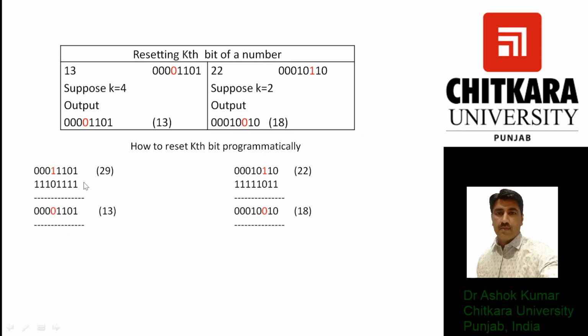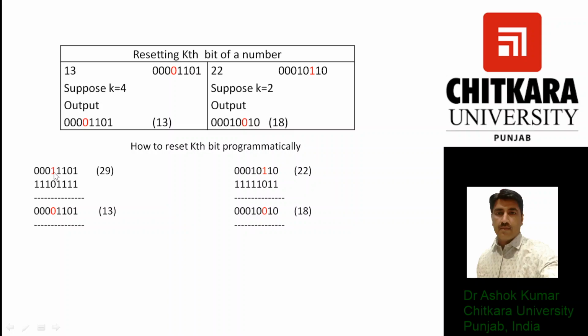Let's suppose the number is 29, and if you want to reset the fourth bit of it, we are counting from 0. So this is the 0th bit, first, second, third and fourth. The fourth bit is shown in red color.